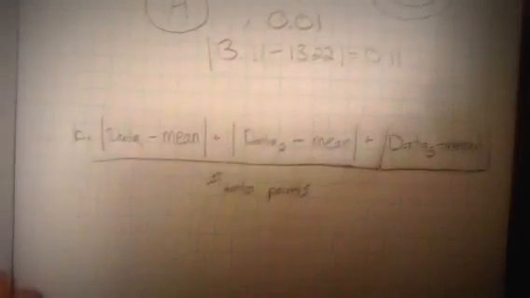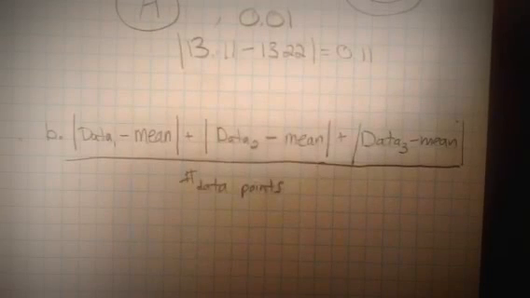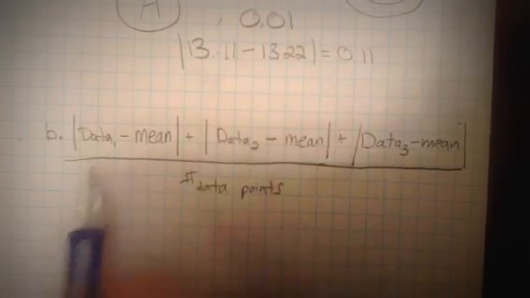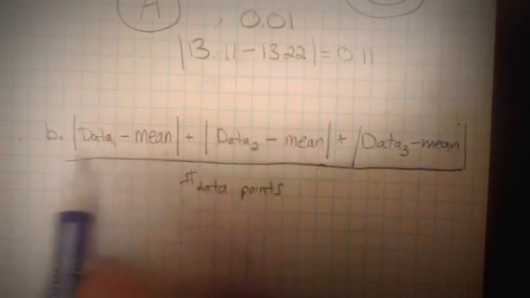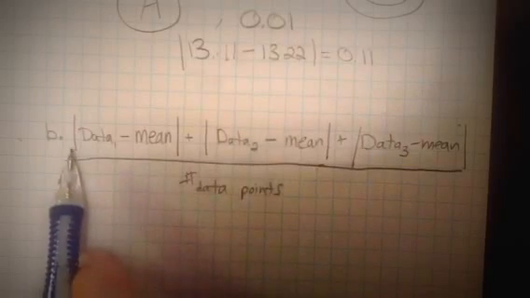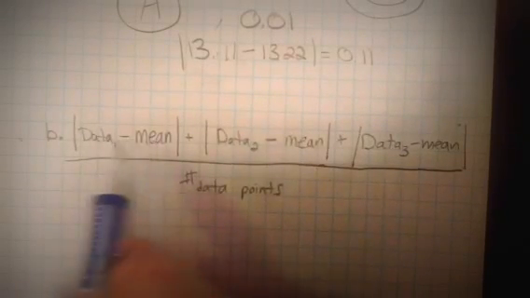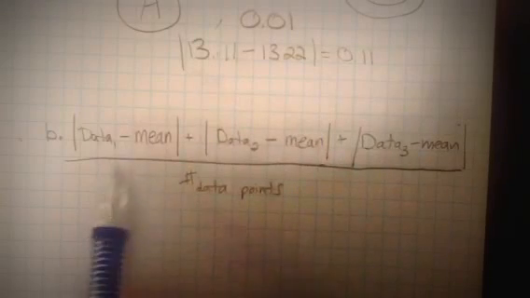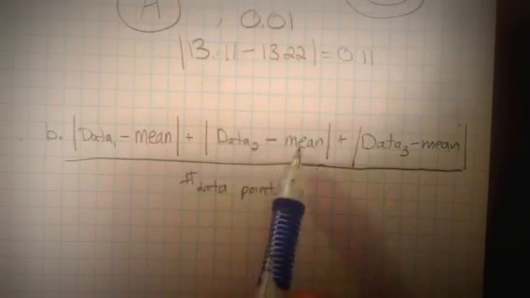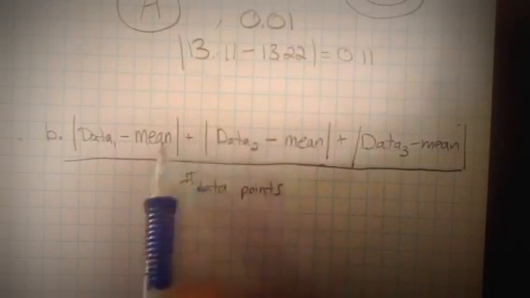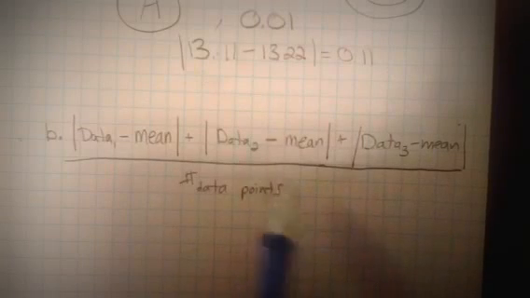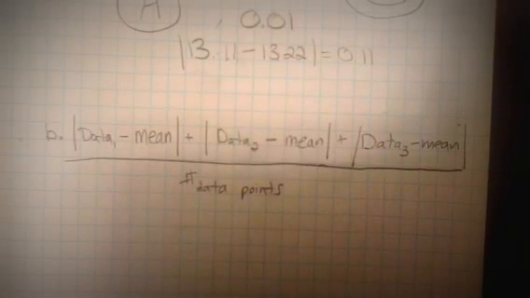Looking back to algebra and maybe even calculus, remember that these lines mean absolute value. This is our general form. You take a data point and subtract it from the mean, so you always need to calculate the mean first, add that to the absolute value, and then divide the whole thing by the number of data points. That's how you can calculate your precision.